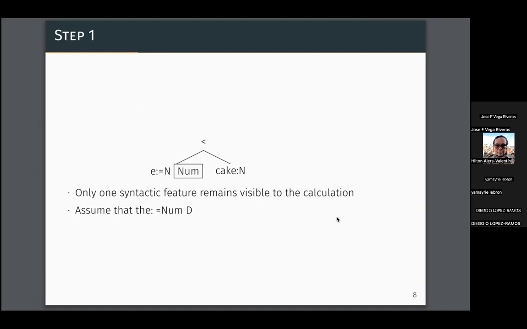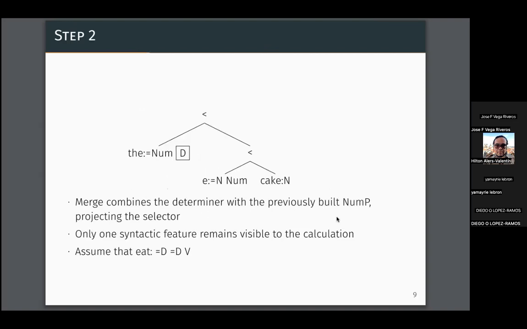All right. This feature equals n means it selects some n, and that n in this case is going to be fixed. So it selects state. And now the only syntactic feature that remains visible is now D. The derivation is never going to care again that state was an n selected by D, right? Okay. So we move on to step 2.